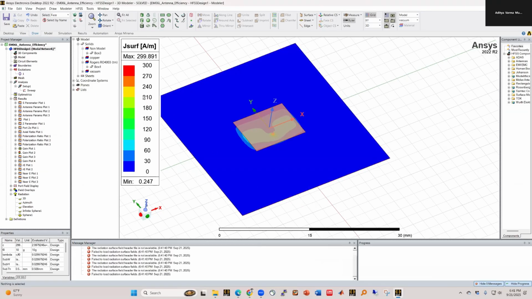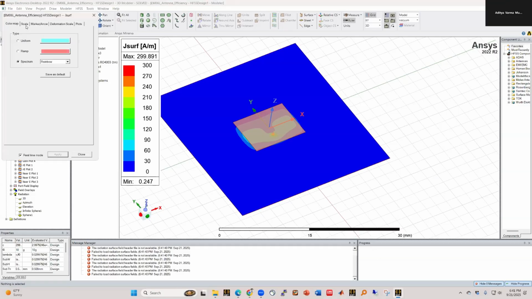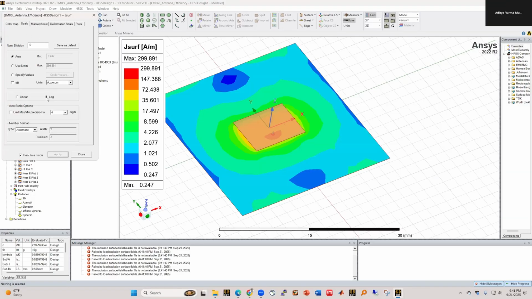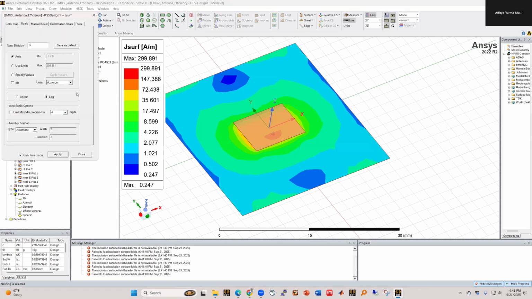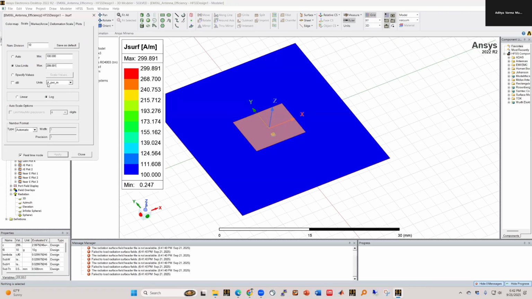That's what that looks like, but this doesn't really make much sense. So what we'll do is go to scale and make it log scale. And then I go to use limits, and the maximum is around 300. So I can make the minimum 100 or so. It's too much. How about 50?